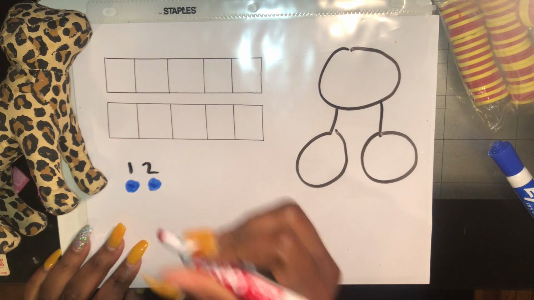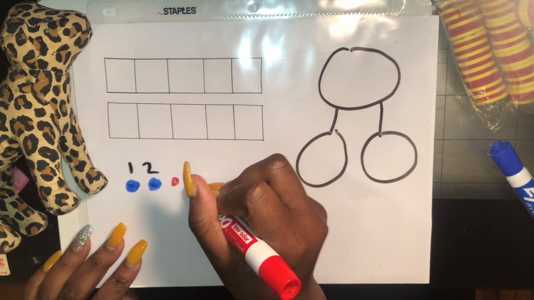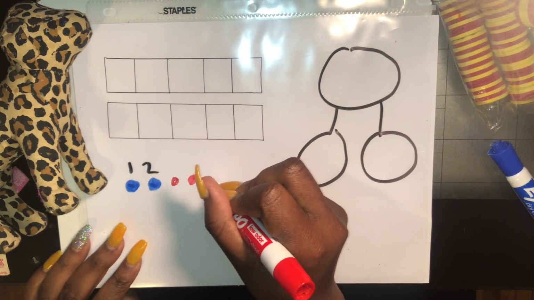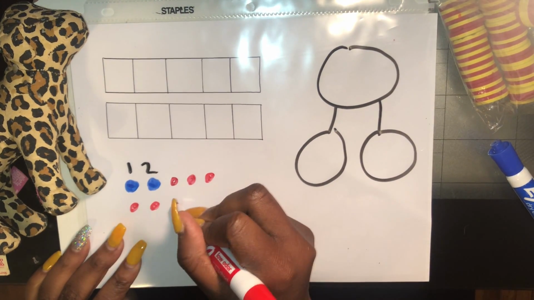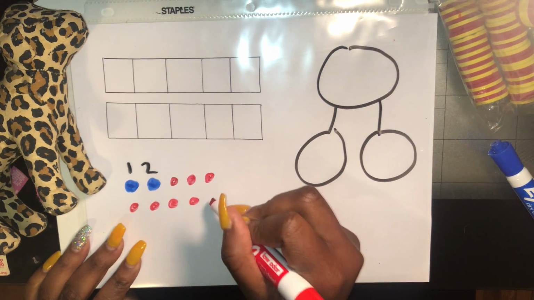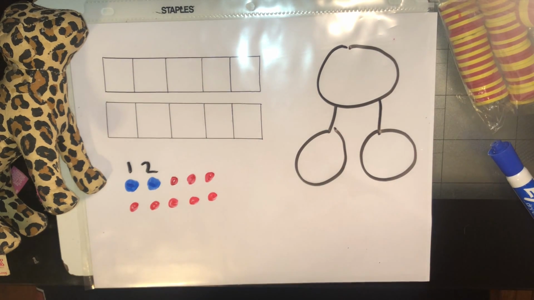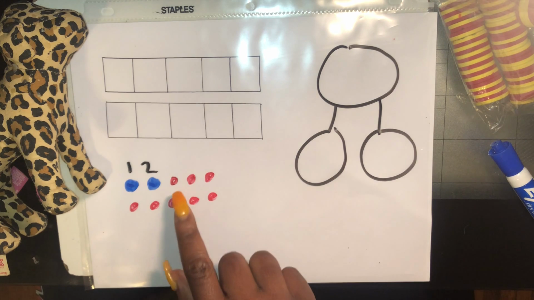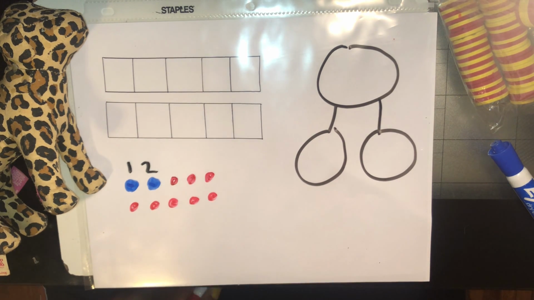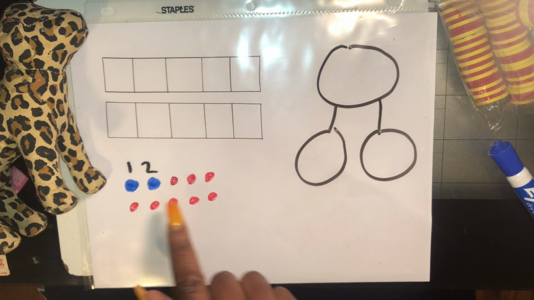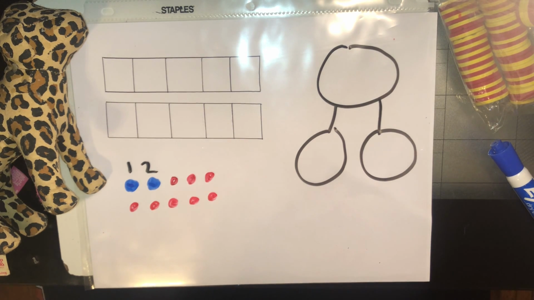So I already have 2, so I'm going to draw 3, 4, 5, 6, 7, 8, 9, 10. So how many more did I need to make 10? I needed 1, 2, 3, 4, 5, 6, 7, 8. Okay, so 2 plus 8 equals 10, right?